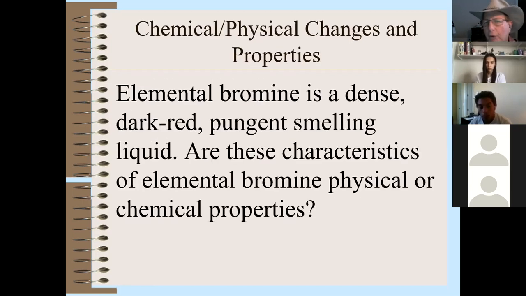All right, now we're going to get into some problems. Elemental bromine is a dense, dark red, pungent smelling liquid. First of all, is anything changing? Nothing's changing. So are they physical or chemical properties?